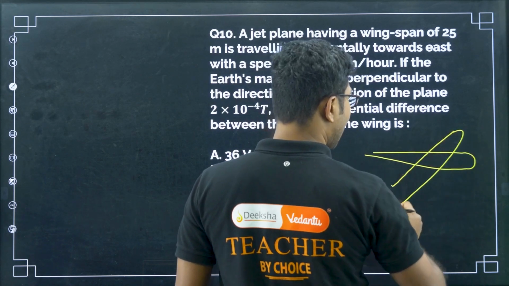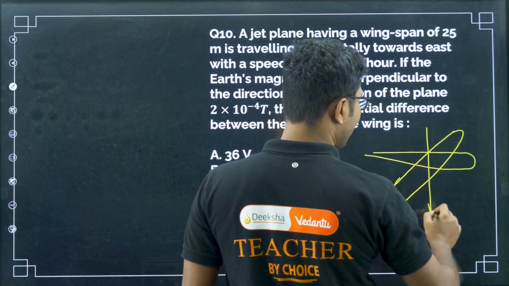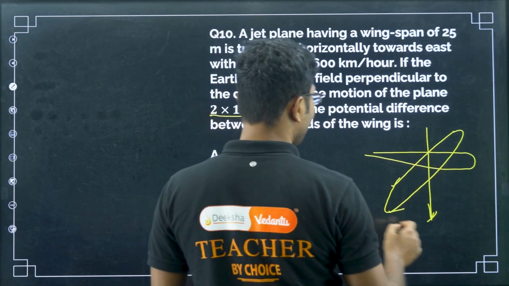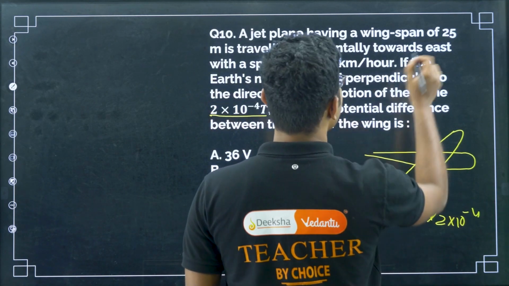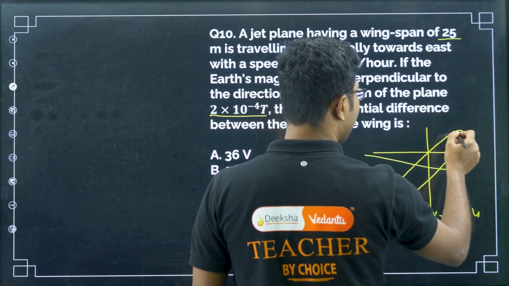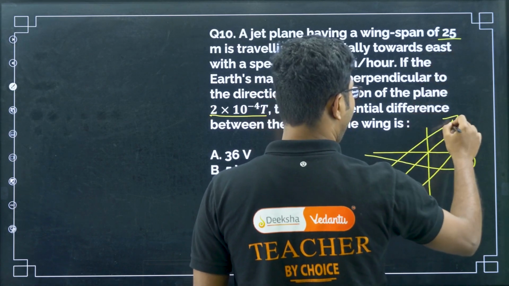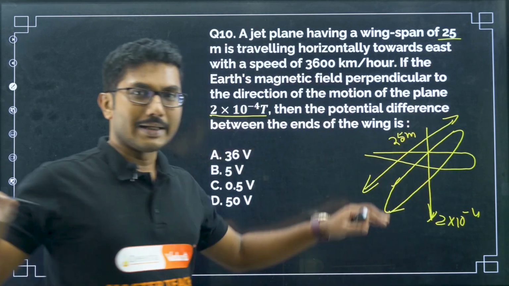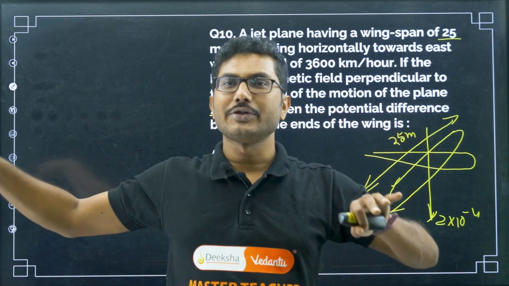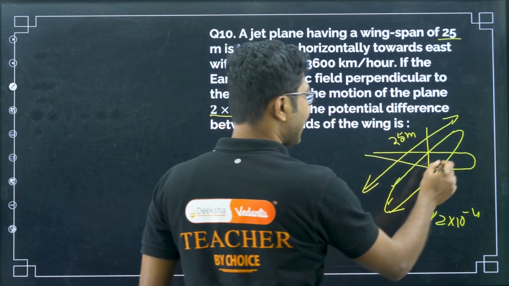We have a plane and the magnetic field downward is given by 2 times 10 to the power of minus 4. The wingspan is given by 25 meters. So a plane is travelling, and what is the potential difference between these two ends? That is, you have to calculate.